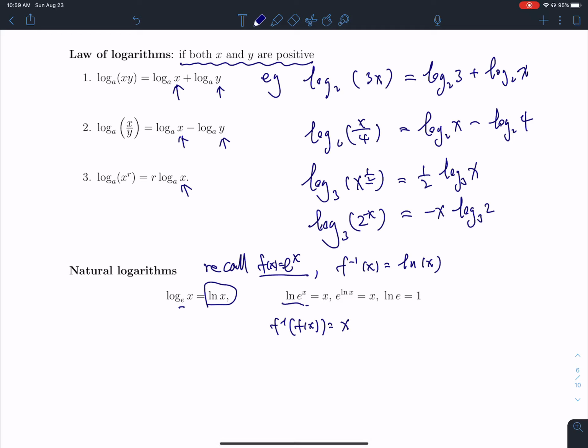All right, so this is the first result here. And for the second result, this is another law of cancellation, right? This is f of f inverse of x, because the natural log of x is indeed f inverse of x here, so it is x. And obviously here, this x could be any real number.